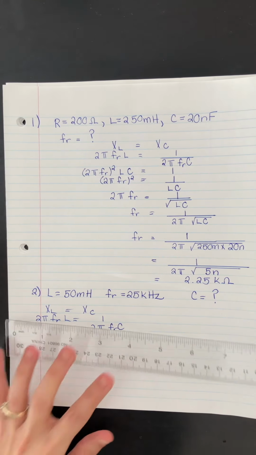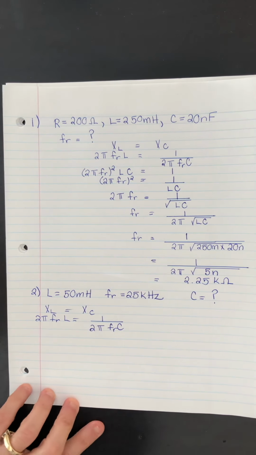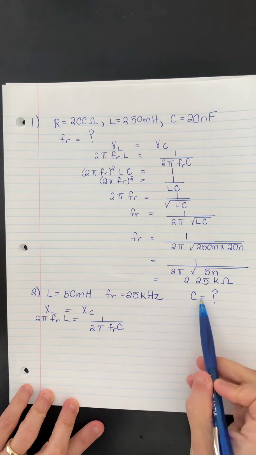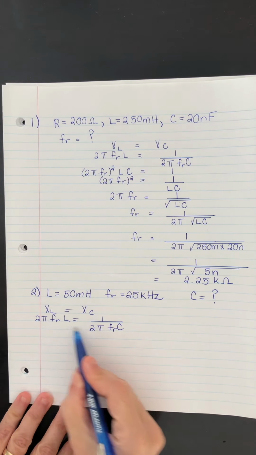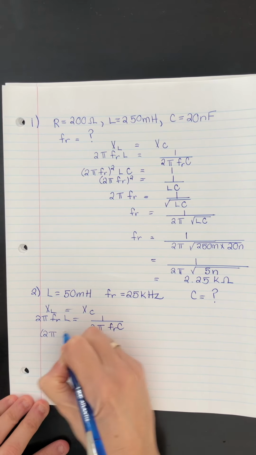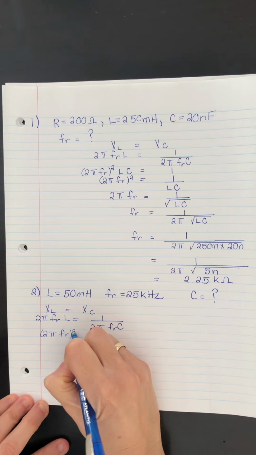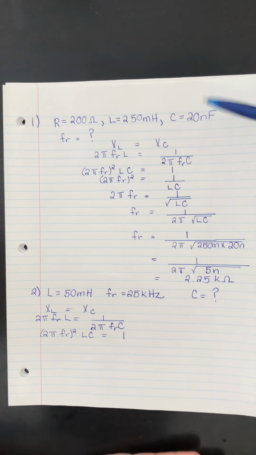Okay, so this is the same way we started the previous question. But this time we're going to solve this equation for C. So how do we do that? Well, we'd cross multiply next in this way, and that would give us (2 pi F) squared LC is 1. Okay, so these are the same steps we did here.